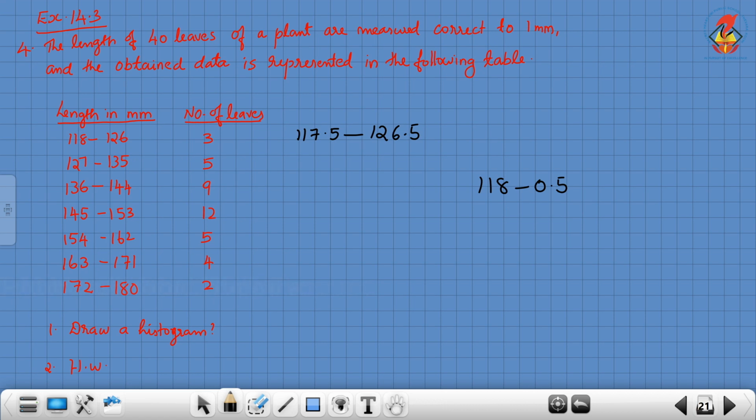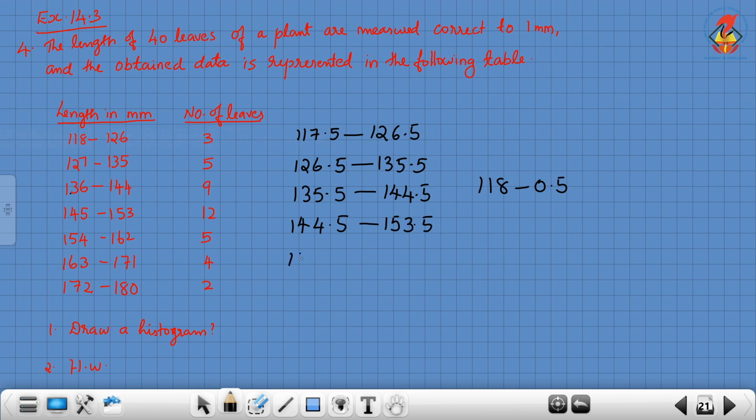Next 127 minus 0.5 is 126.5, and 135 plus 0.5 is 135.5. Next 136 minus 0.5 is 135.5. Next 144.5. Next 144.5, then 153.5.